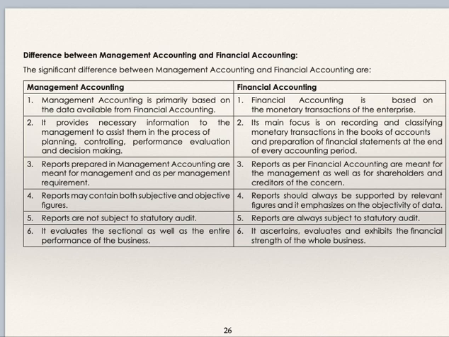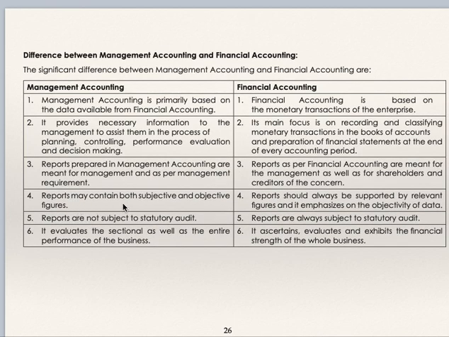So, in short, management accounting reports are for internal users like directors, managers, employees, whereas financial accounting reports are for various stakeholders like shareholders, creditors, lenders, banks. Of course, they are also for internal users like managers.